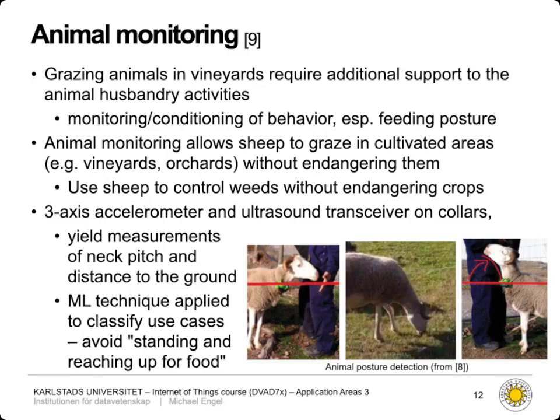Whereas when the sheep's head is up and it's eating something, well, then obviously you want to avoid this. And here you have quite a number of sensors again, and applied machine learning to actually classify the use cases. And whenever there's a use case that indicates the animal is standing up and reaching for food instead of having its head down, then there is at least an alarm.